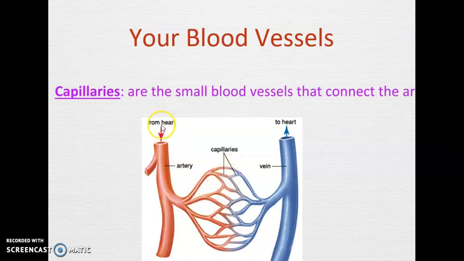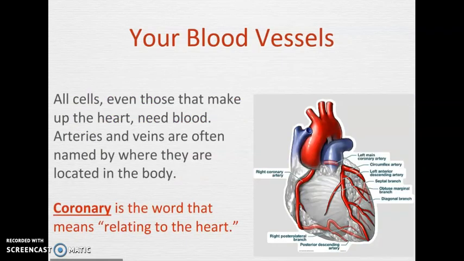So if blood is coming from the artery, from the heart, and it's already delivered its oxygen, it needs to take a U-turn somewhere in order to get back into a vein to go back to the heart. So these capillaries are those U-turn spots, or a rotary, where we can go from one road to a different road to get back to where it needs to go.